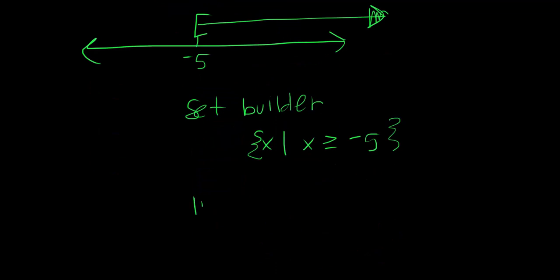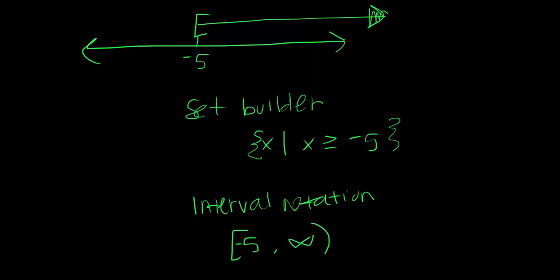And in interval notation, I want to read that number line from left to right. And our graph starts at negative 5 and goes to infinity.